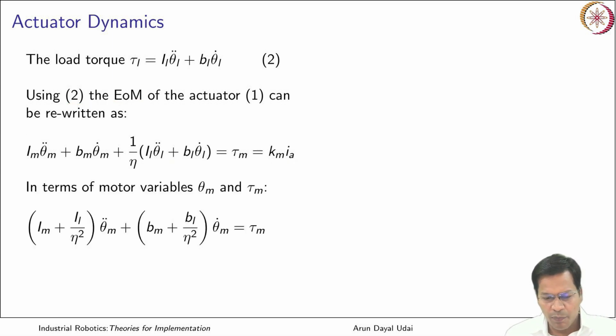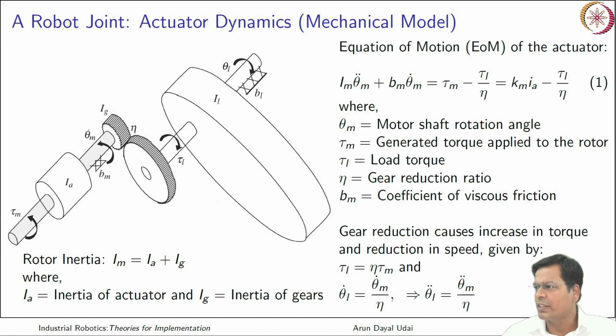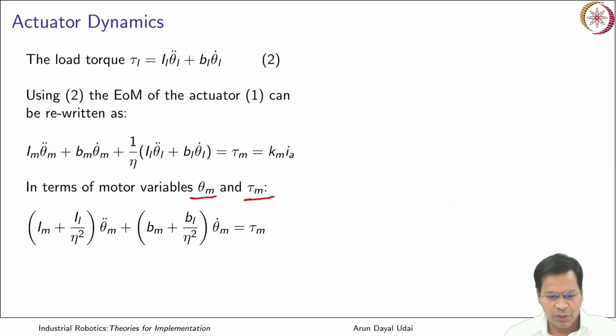In terms of motor variables theta M and tau M, I'll substitute these two equations once again. I'll put theta L dot equal to theta M dot by eta over here. Wherever I see theta L, I'll put theta M by eta.